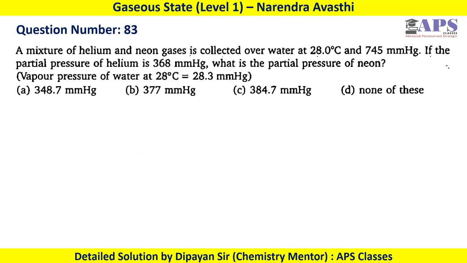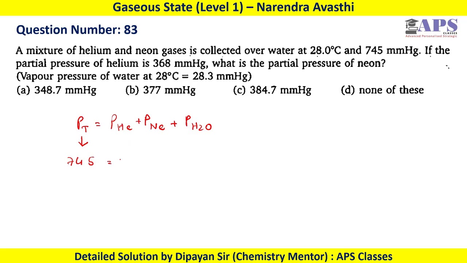Now question number 83. A mixture of helium and neon gas is collected over water at 28 degrees centigrade and 745 mm Hg will be the final pressure. If the partial pressure of helium is 368 mm of Hg, what is the partial pressure of neon? So here the total pressure is nothing but partial pressure of helium, partial pressure of neon, and partial pressure of the water vapor. According to the problem, the total pressure is given by 745 mm of Hg.